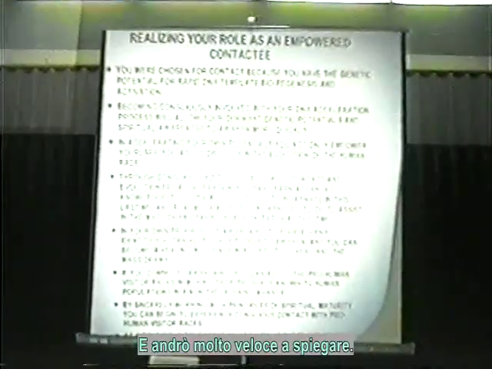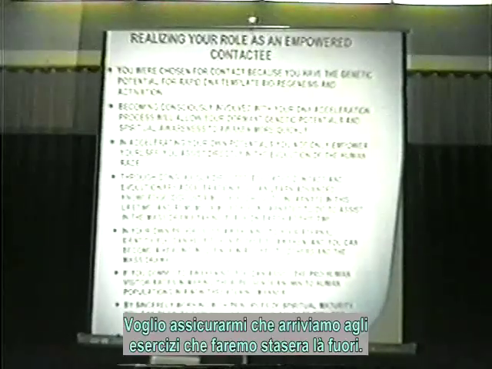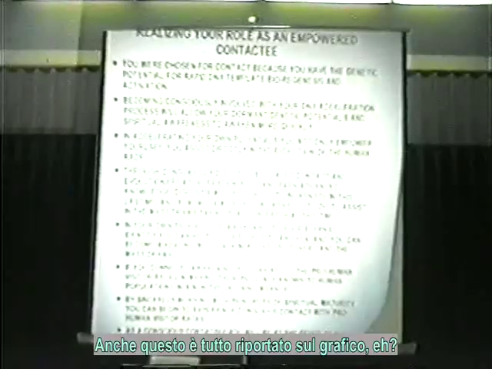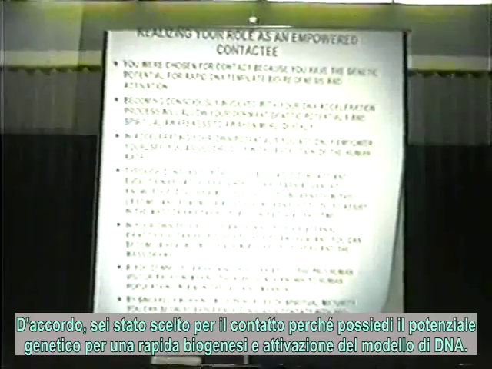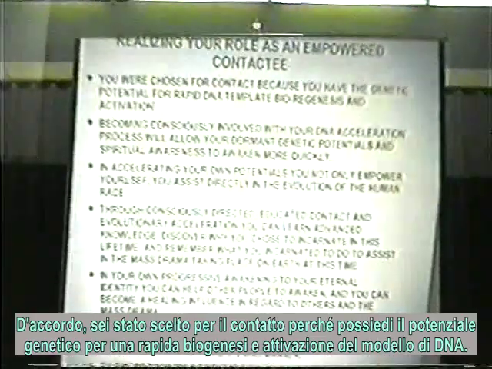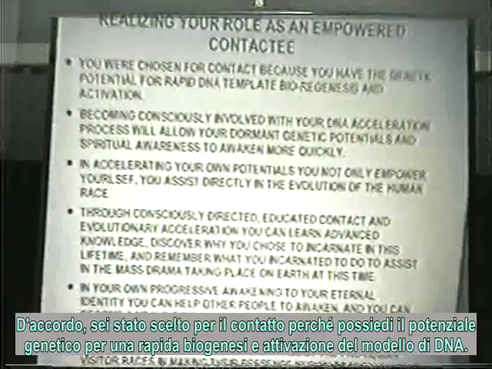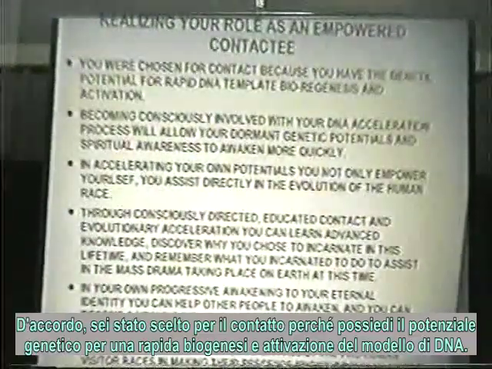Okay, realizing your roles in power contact. I'm going to go through this real fast, and I want to make sure we get to the exercises that we're going to do tonight. This is again all in that chart pack. Okay, you were chosen for contact because you have the genetic potential for rapid DNA template bioregenesis and activation.